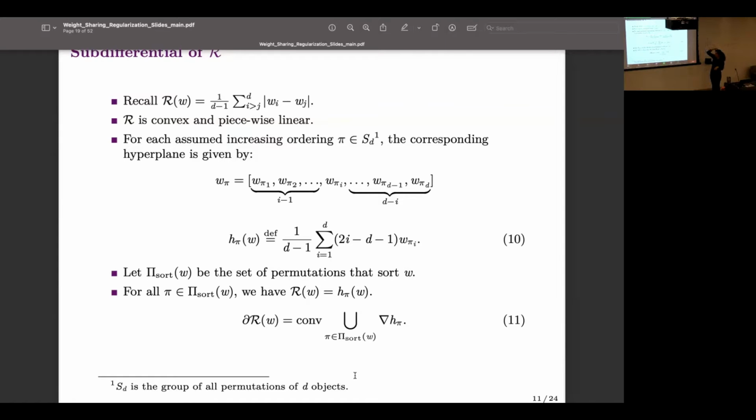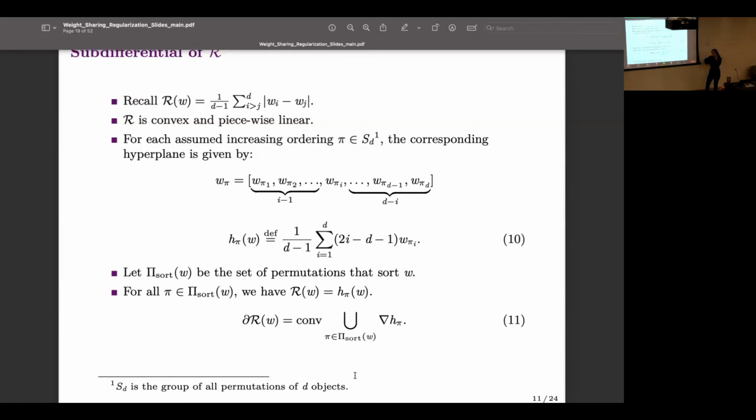So how many hyperplanes does R have, possibly? It's n factorial. The dimension of W is d, so there are d factorial pieces.